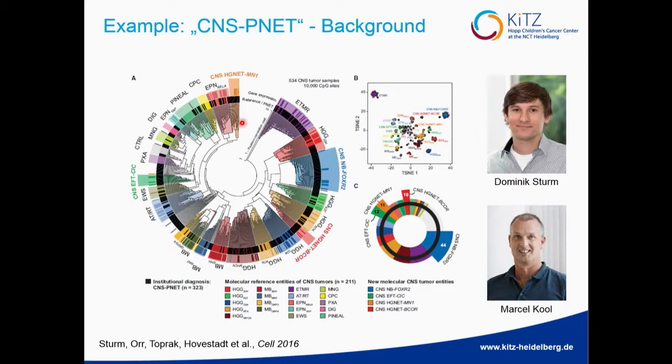And it turned out that when applying the methylation-based classification tool to this series that the local pathologist would call CNS-PNET, in about 75% of cases, you would get a molecular classification call for an established entity different from CNS-PNET, which could range from high-grade glioma, ETMR, ependymoma, pineal tumors, ATRTs, and so on.